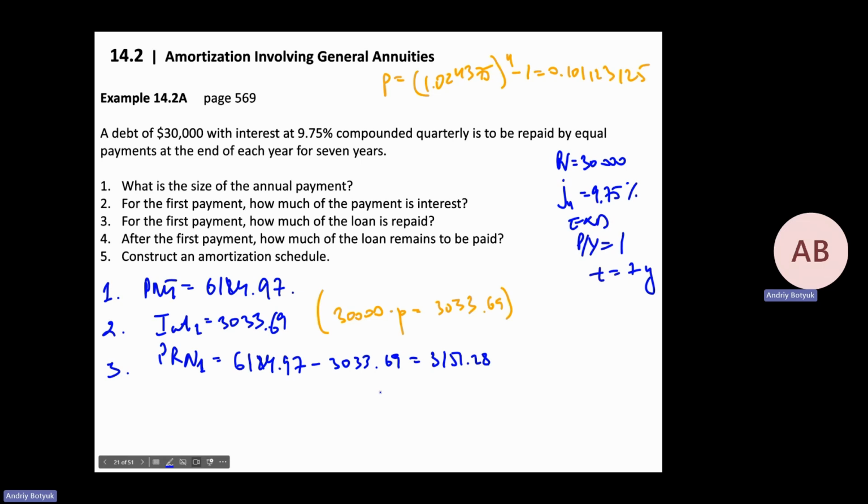Or you can go with the formula, P1 equals P2 equals 1. So what is your principal? Yeah, that's the one.